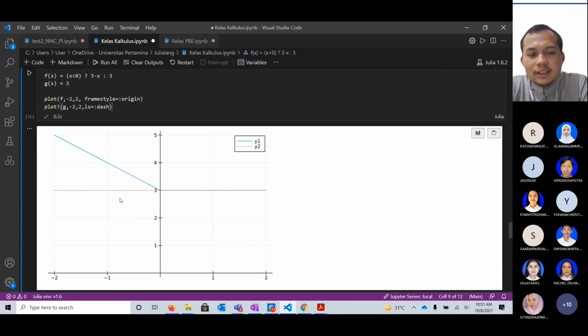From this horizontal line test, we can actually see why it is not one-to-one.